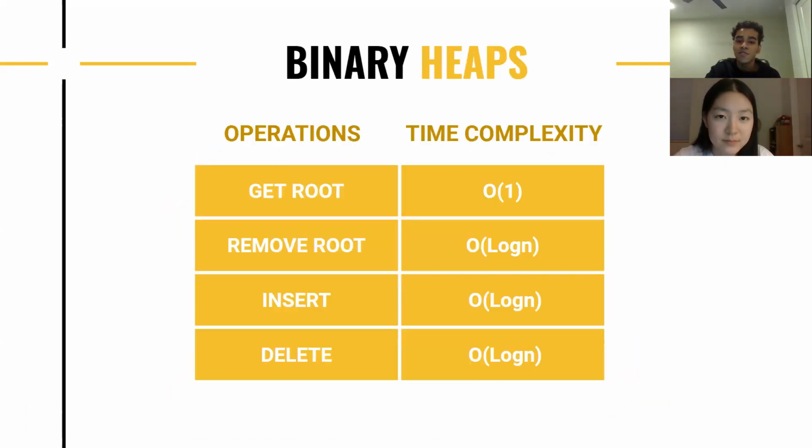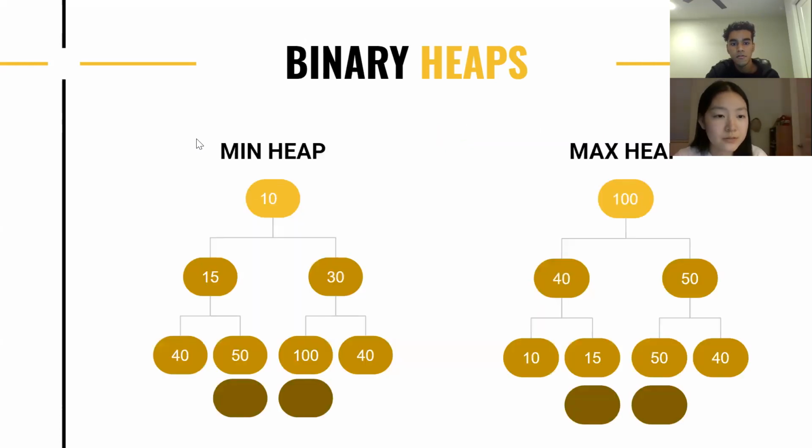So moving on to binary heaps. Another data structure here. This one is really similar, but here are some of the operations and time complexities associated with this data structure. To get the root is constant time, to remove the root is log n, and insertion and deletion will still be log n. Now there are two types of binary heaps.